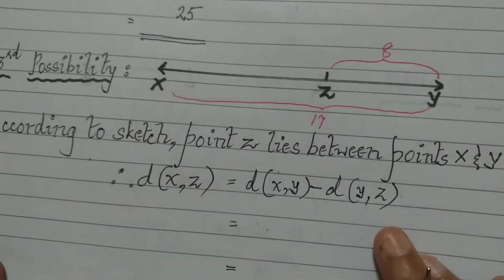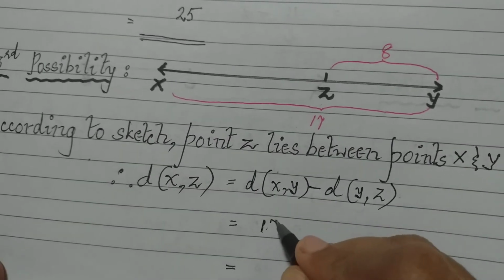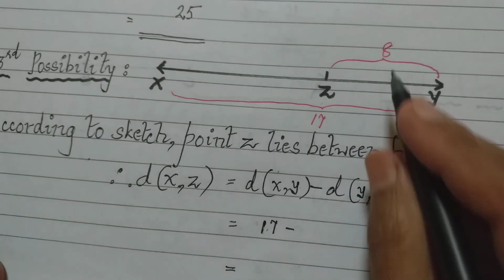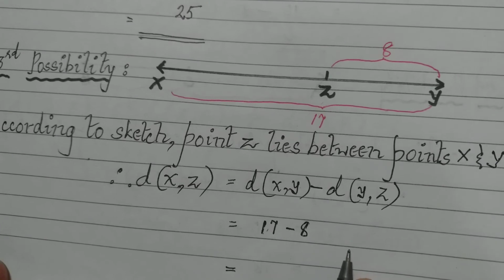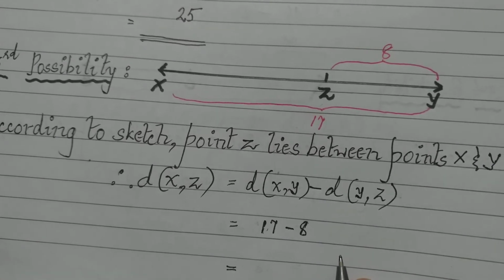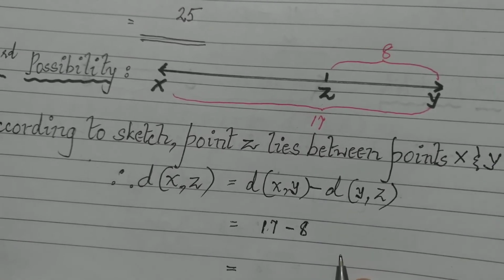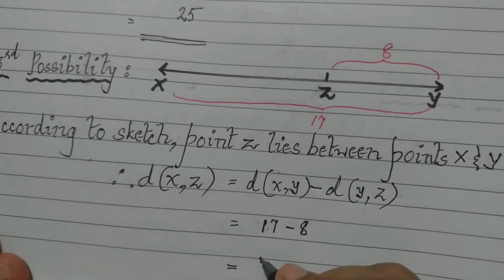Between x and y, the distance is 17. Between y and z, the distance is 8. So when I subtract here 17 minus 8, 17 minus 8 is 9. So therefore I have here my answer as 9.